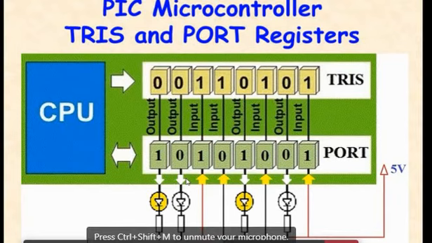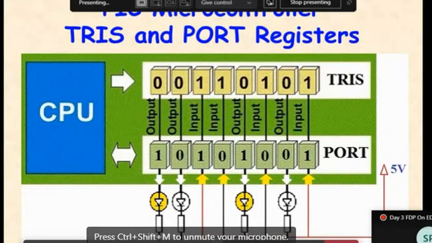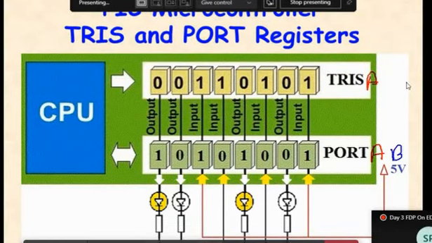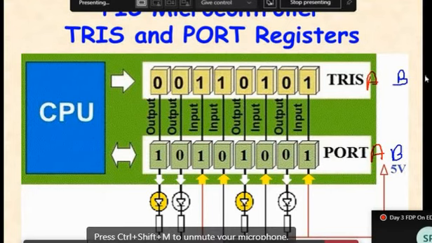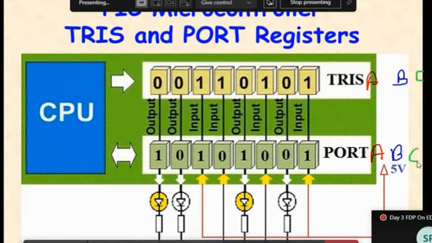If you are using port A, then it should be TRIS A. If you are using port B, then TRIS B. If you are using port C, then TRIS C. If you are using port D, then TRIS D. If you are using port E, then both should be E. This is very important. Without knowing TRIS, you cannot execute any program in PIC.